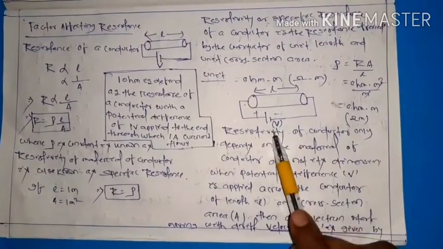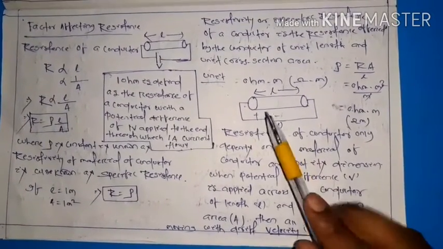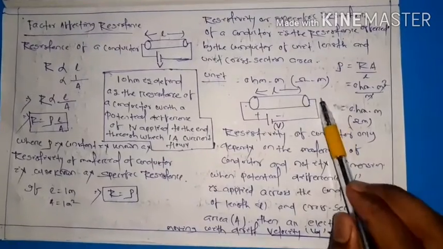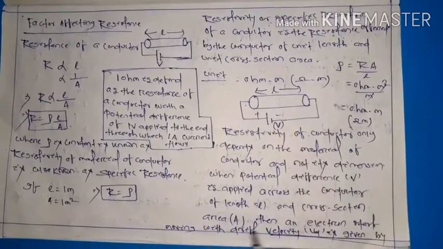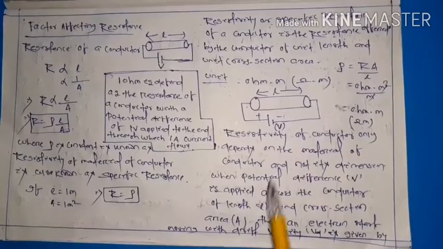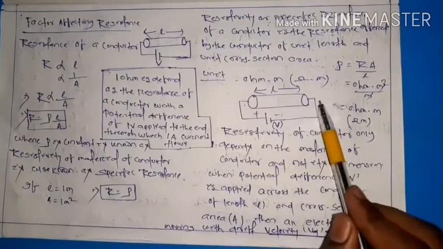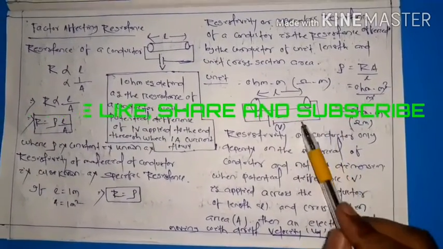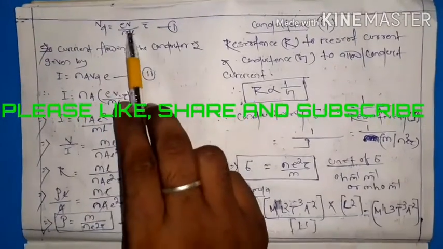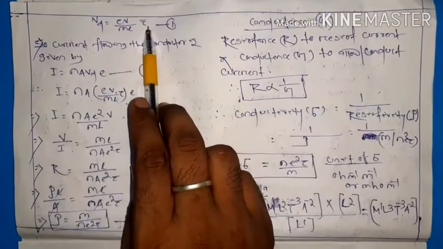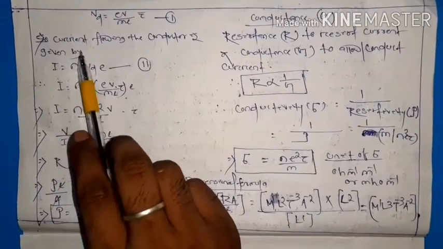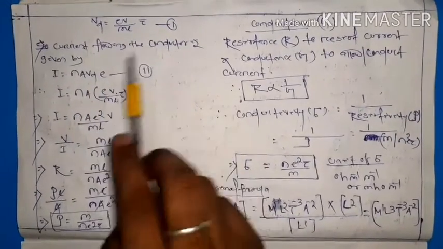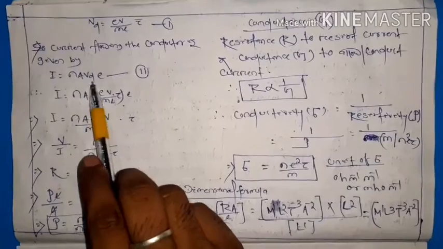When potential difference V is applied across the conductor of length L and cross-sectional area A, all electrons start moving with drift velocity Vd. So Vd is equal to eV by ml into tau. As you know, the current flowing through the conductor is given by I is equal to nAe Vd.